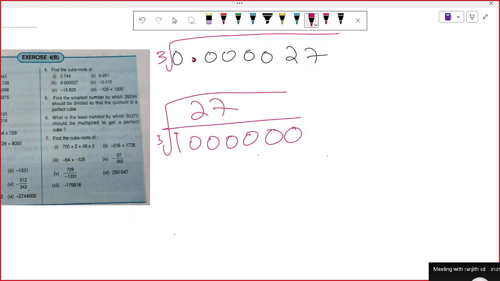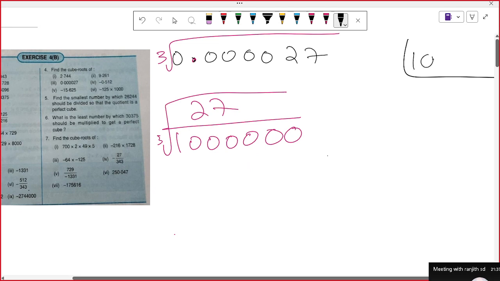You have to find the cube root of 27 divided by 6 zeros. Can I split this 6 zeros into 1000 into 1000? Yes, sir. If you try to factorize this using the 2 times table, it will take too long.